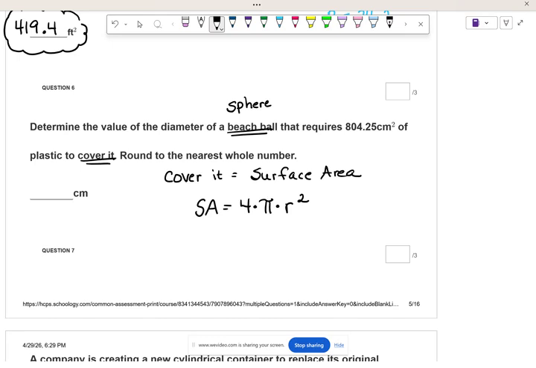Now we need to make our substitutions. It says that it requires 804.25 centimeters of plastic to cover it. That number is the surface area.